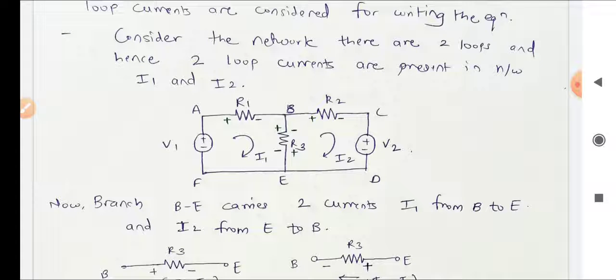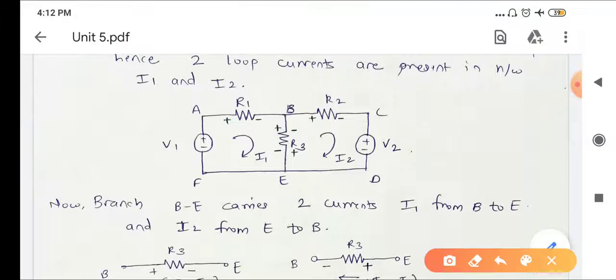While assuming the loop currents, we have to consider loops in such a way that each element of the network is included at least once in some loop. Here R1, R3 and V1 are the elements of loop 1, and R2, V2 and R3 are the elements of loop 2.